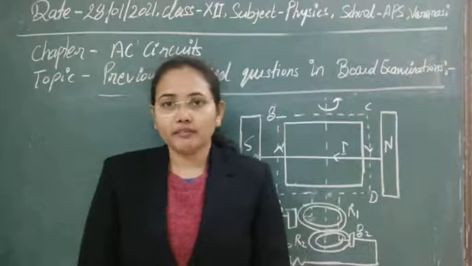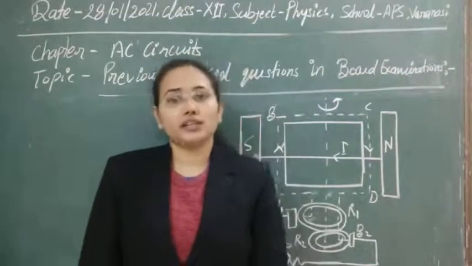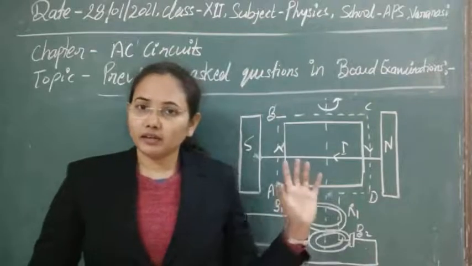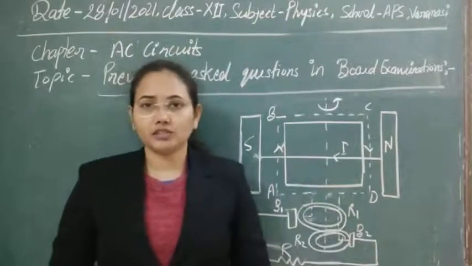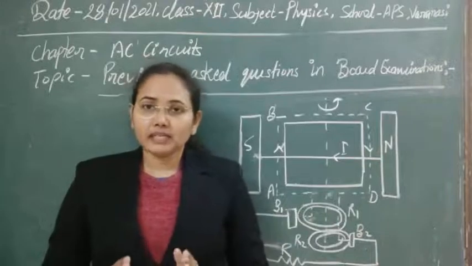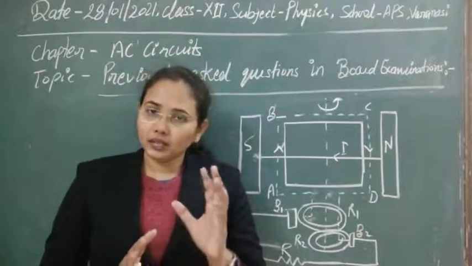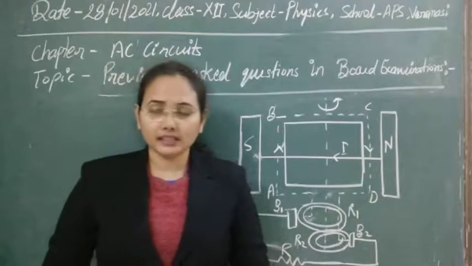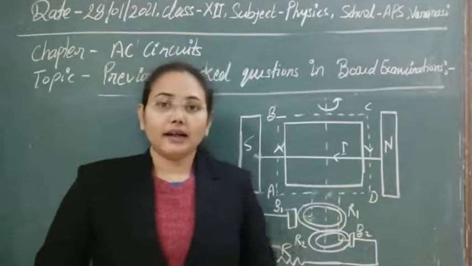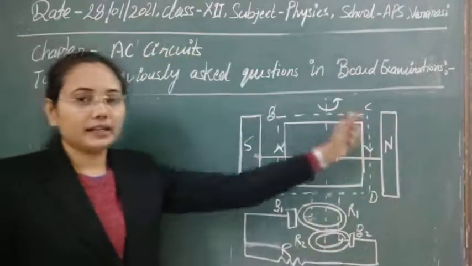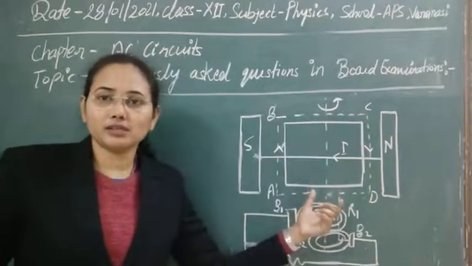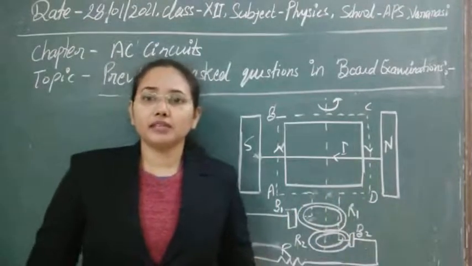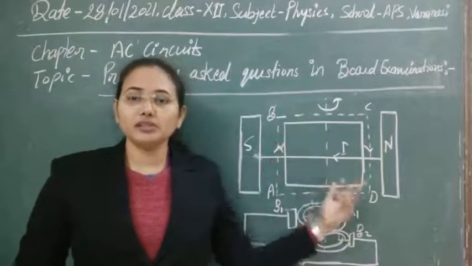And you know that whenever the flux changes, there will be generation of an EMF, which we have already discussed in electromagnetic induction. So it means that by only moving the armature, we can produce some electric supply here. The induced EMF or the current generated here, due to change in flux, is produced in the circuit.